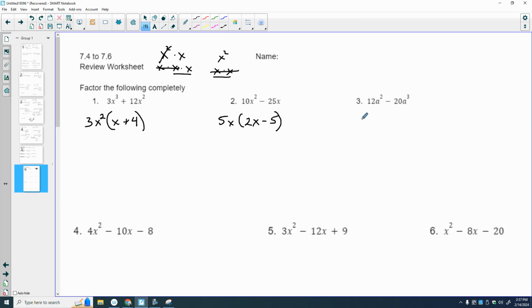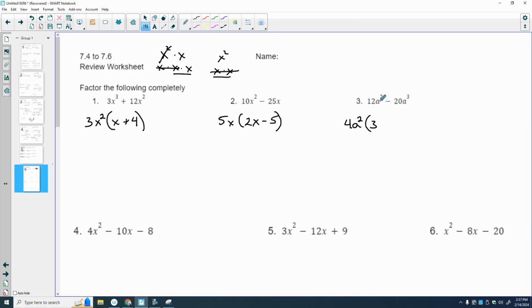Okay, what goes into both of these two terms? 4. There is an a squared here, so I can take at least an a squared out, and there's an a squared in here. Can I take an a cubed out? No, because this is only a 2, so I can't take more than the smallest exponent. 12 divided by 4 is 3. A squared divided by a squared is 1.